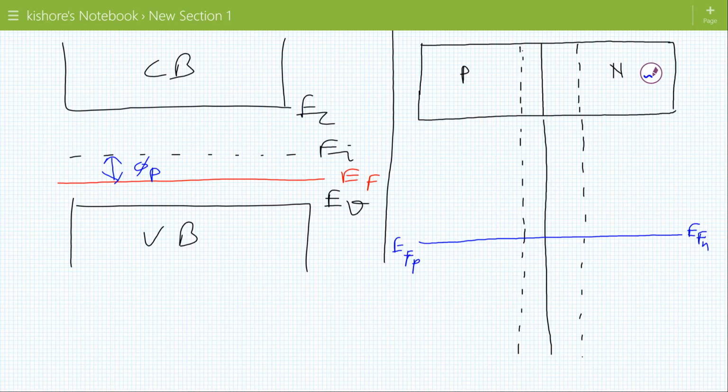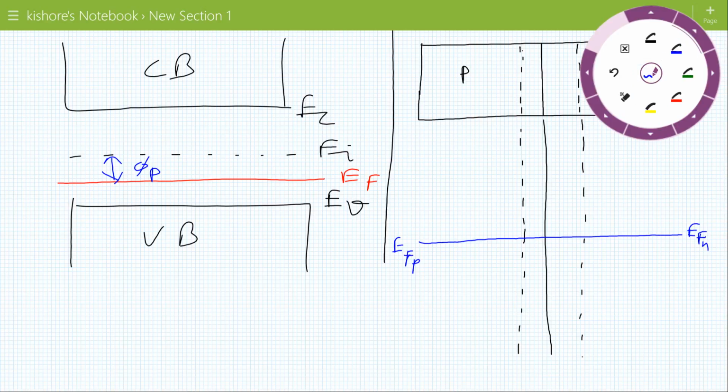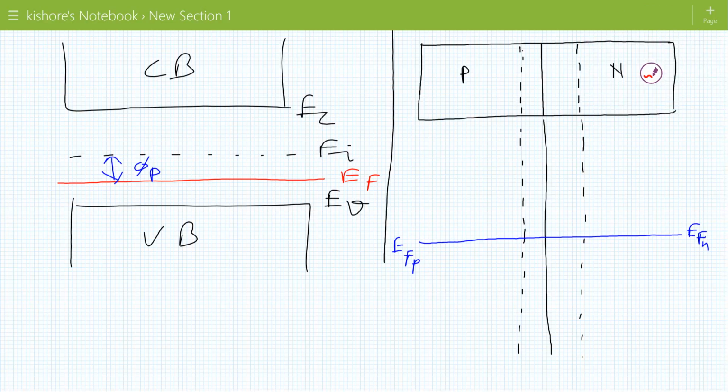Now the valence band in P-type semiconductor, this is the position of EV, and this is intrinsic energy level in P-type semiconductor, and this one is the conduction band for P-type semiconductor.